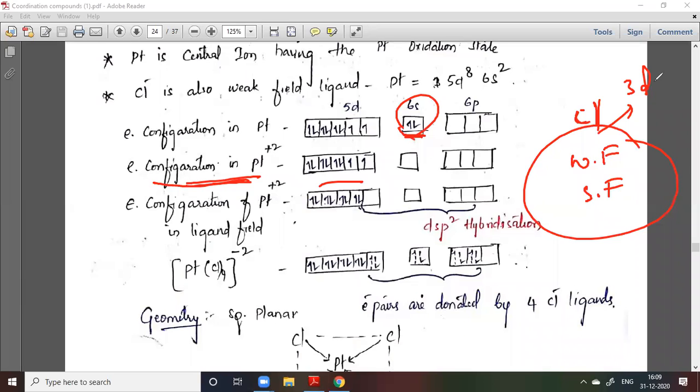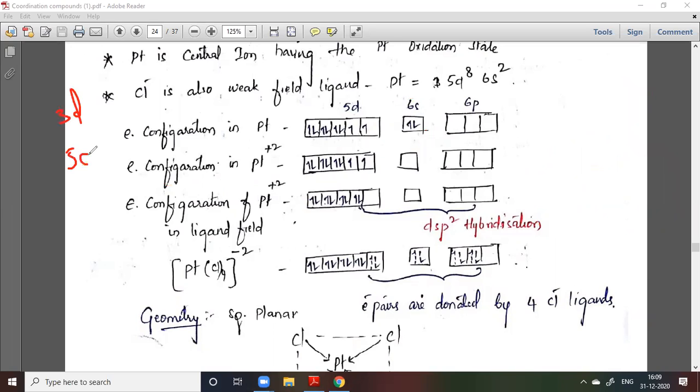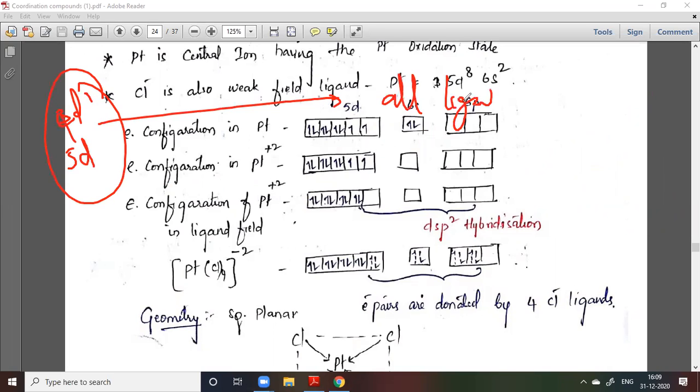It is not applicable at all for 4d and 5d. Remember that for the 4d series and 5d series, all ligands are strong field ligands.